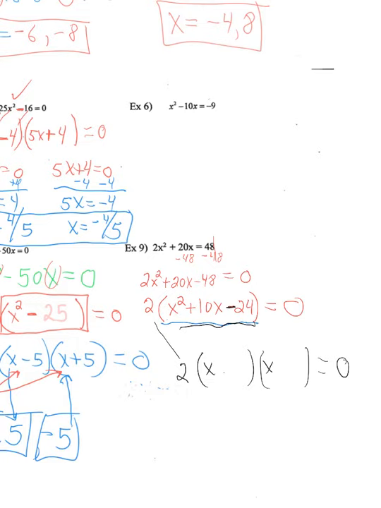That means one's plus and one's minus. 6 times 4 doesn't work, because if one was plus and one was minus, it doesn't make a 10. But 12 times 2 is the right combination for 24. I get a positive on the 12 and a negative on the 2. There's my plus 10. So I'm going to put a plus sign and a minus sign. The 12 gets the plus sign, the 2 gets the minus sign, and now I'm ready to solve.